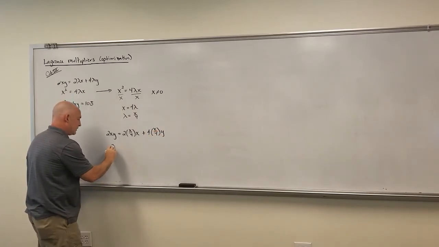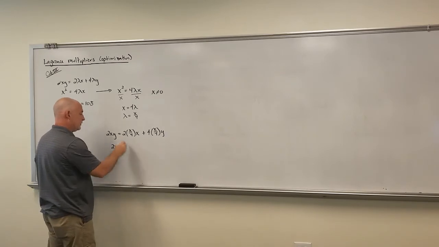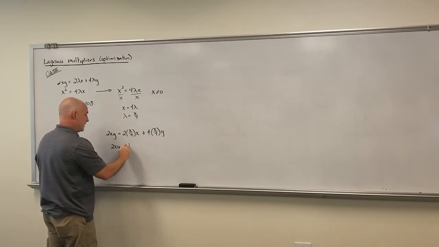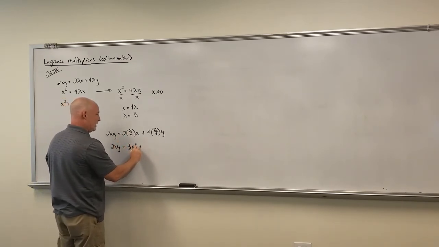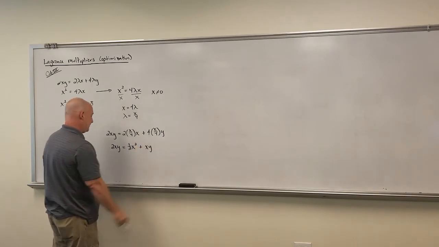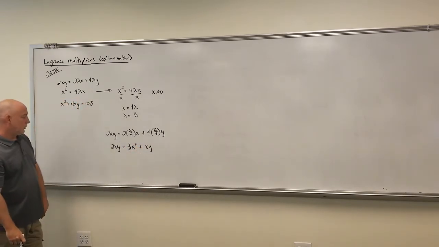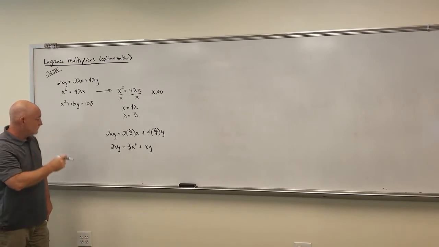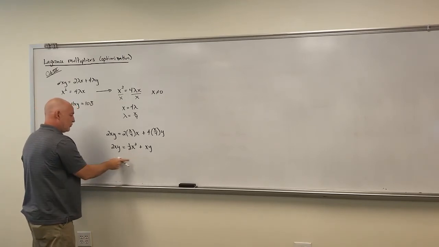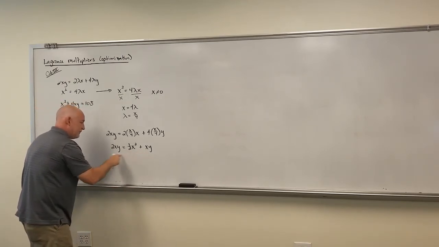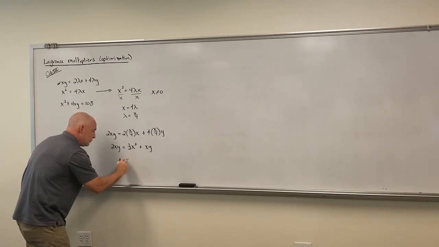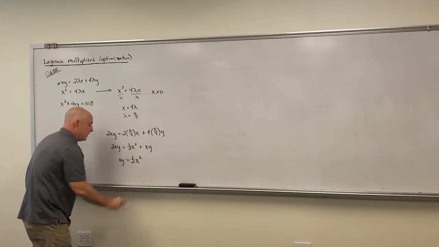Let's see what this reduces to. So I get 2xy is equal to 1/2 x squared plus xy. Ooh, pretty ugly. Let's see. I got this xy thing. Let's at least get those all to one side. If I move all the xy's to one side, I get xy is equal to 1/2 x squared.